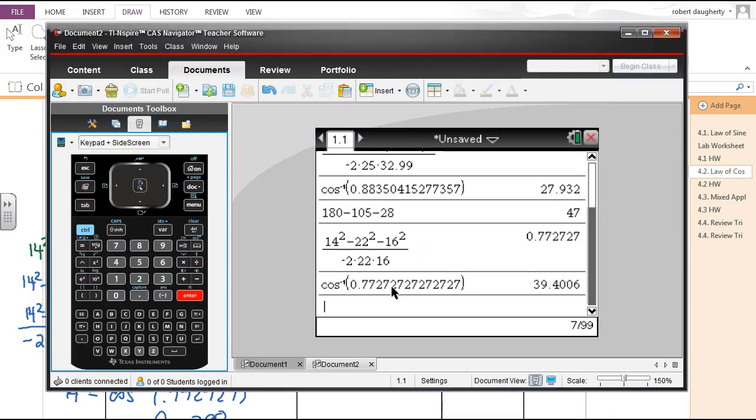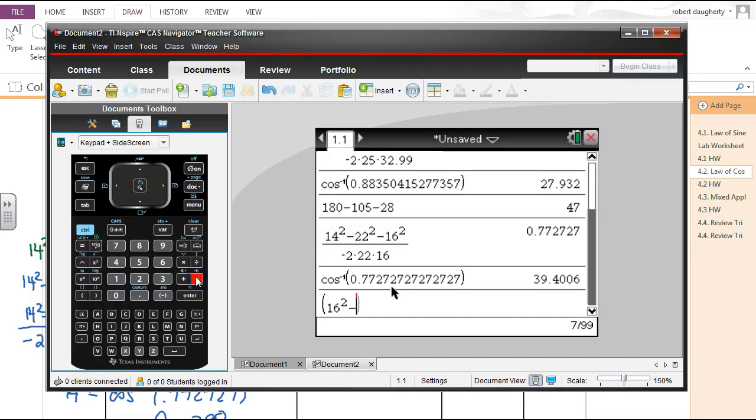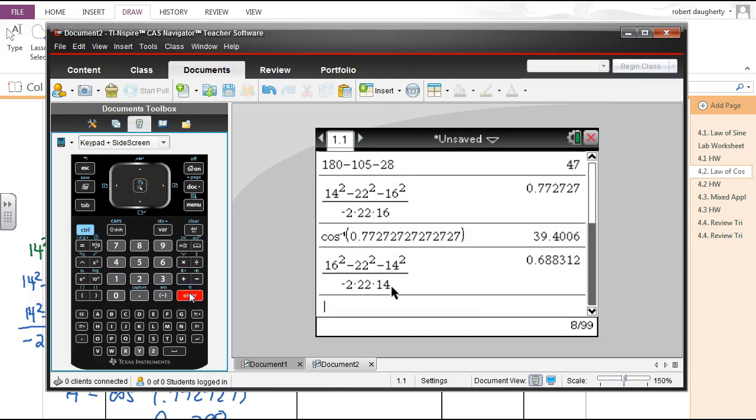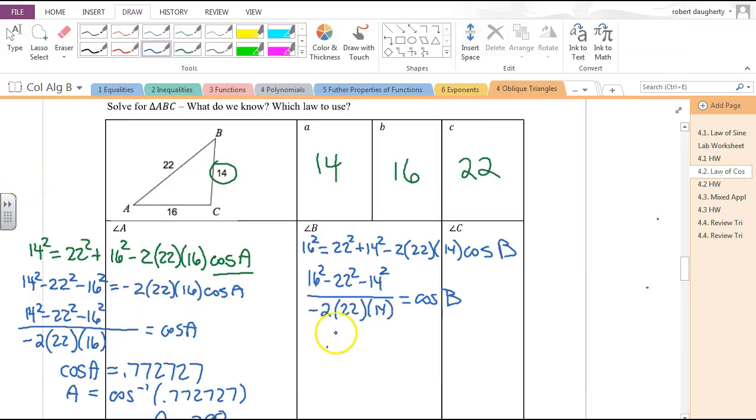So, parentheses, 16 squared minus 22 squared minus 14 squared, and then in my parentheses, all of that is divided by a new parentheses, negative 2 times 22 times 14. And that is 0.688312. So 0.688312 equals the cosine of B.